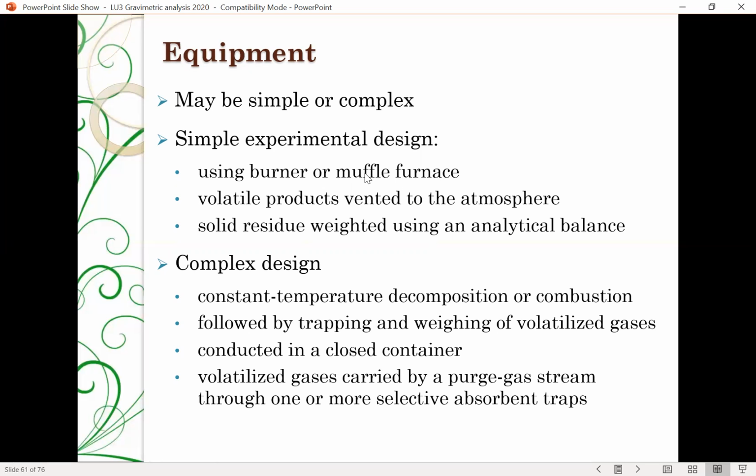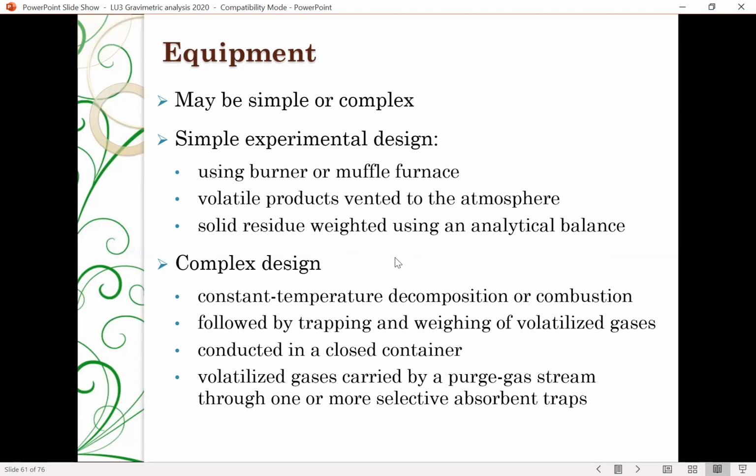In this case, volatile products are vented to the atmosphere and the solid residue is weighed using an analytical balance. If we want to determine the volatile content of our reaction, we have to subtract the solid residue that we have weighed.